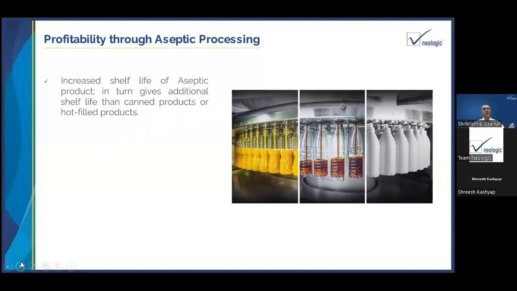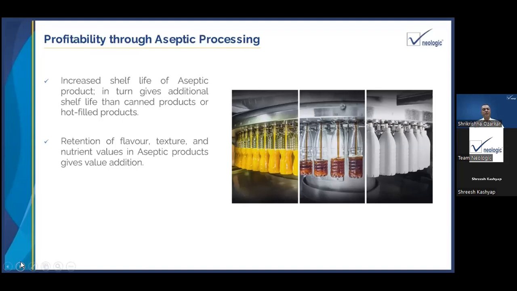Which also helps me to retain my aroma or the color of the product. As I mentioned, retention of flavor, the texture, very important, and the nutrient values. This is what gives additional value to the aseptic products. Hygiene, we all know that when you are processing aseptically, hygiene plays the most important aspect.